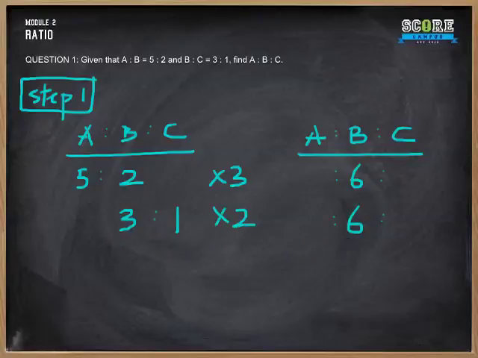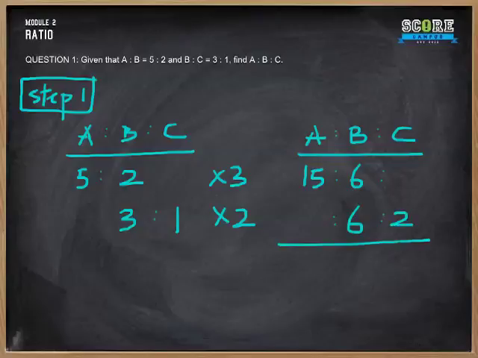And what did we learn in ratios? When you multiply one number by 3 or 2, you have to multiply every number within that specific ratio. So if you multiply 2 times 3, you have to multiply 5 times 3 as well. So 5 times 3 is equal to what? 15. For the second line, you multiplied it by 2, so you've got to multiply 1 by 2 now. 1 times 2 is 2.